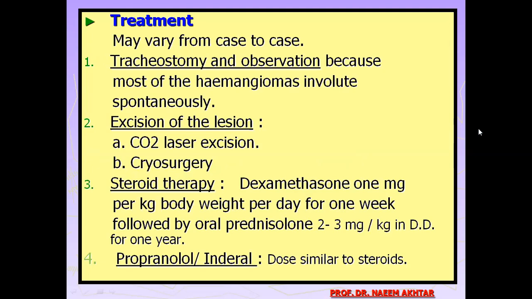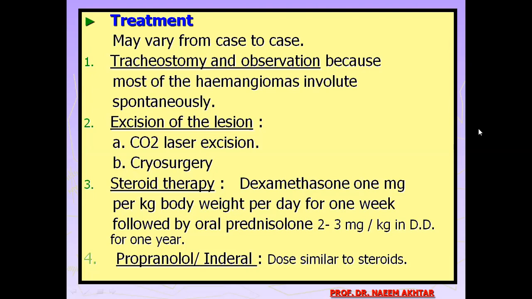The patient may require tracheostomy and observation because most of the hemangiomas involute spontaneously. Sometimes excision of the lesion with the help of carbon dioxide laser excision or cryosurgery may be required.